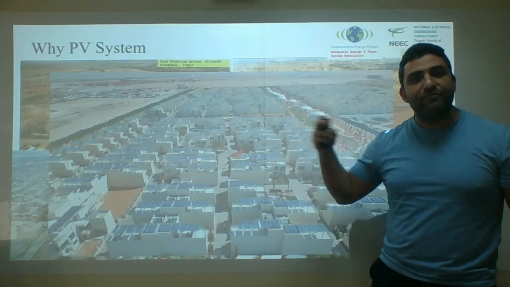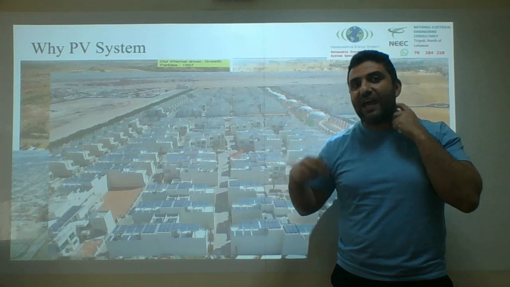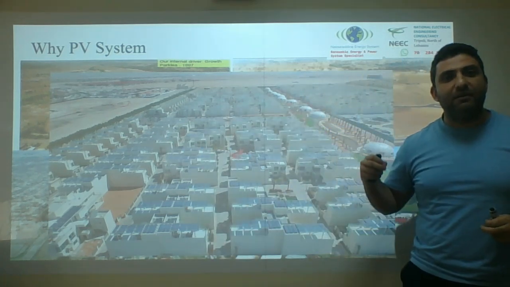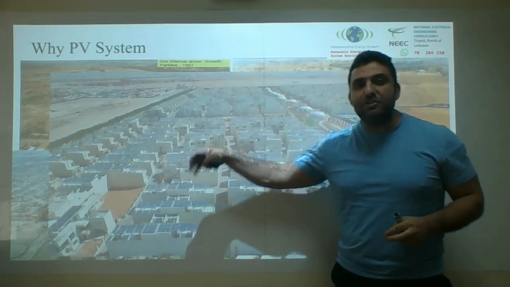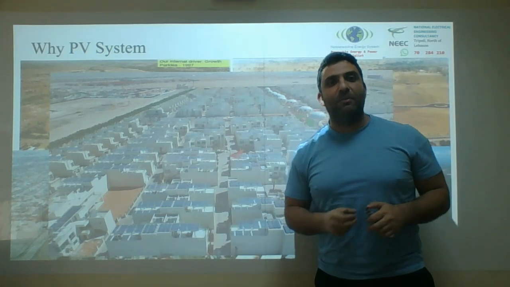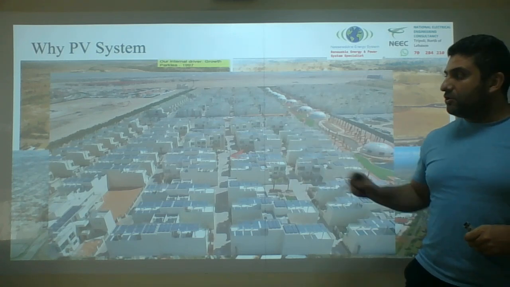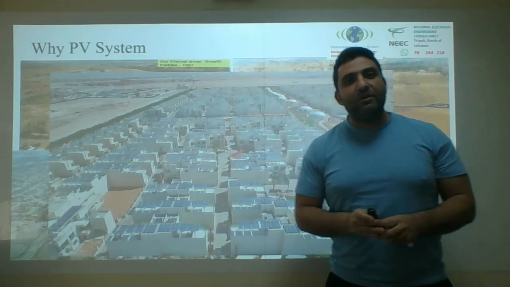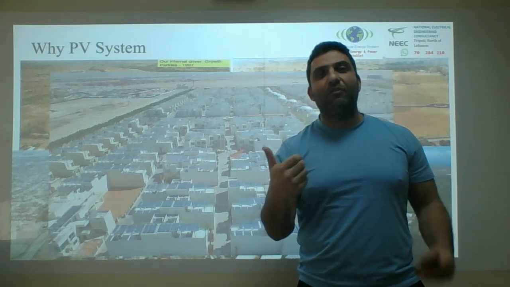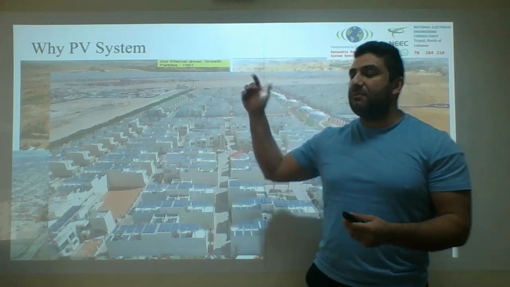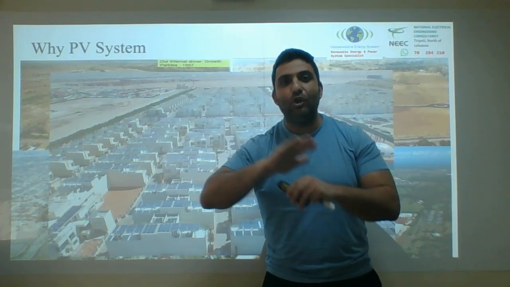So I don't have to worry about the transmission line. I will reduce the amount of losses on my transmission network, and I install it straight away at the node. So why a PV system on the house? Because the house already provides a free infrastructure for it. Number two, a PV system is very silent, no noise.